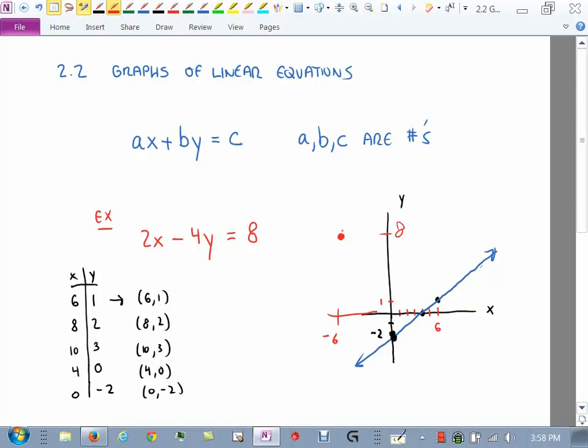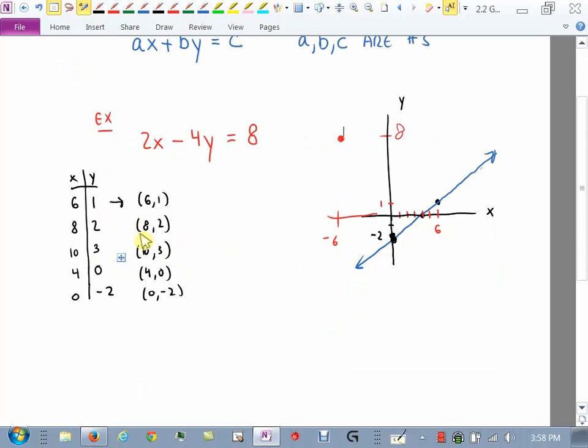Okay. All right, now graphing lines this way with a table is way too tedious. So what we learn is that there's two shortcuts to graphing lines. There's called the intercept method, and there's called the slope-intercept method. Either way, I want to make sure you understand both.